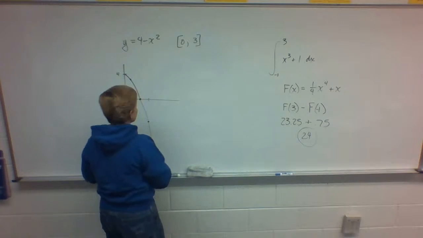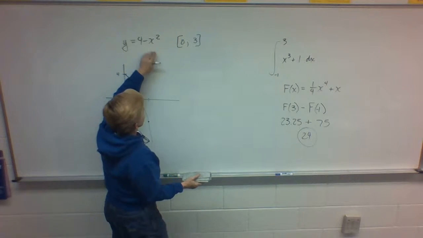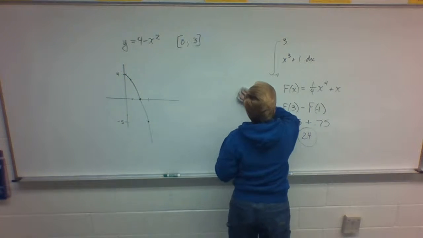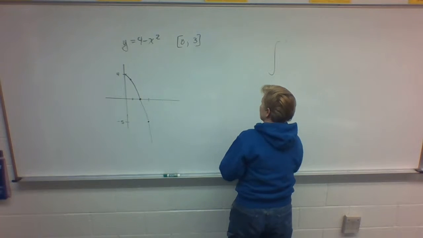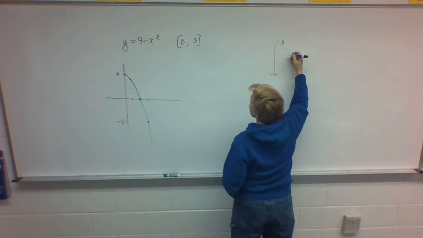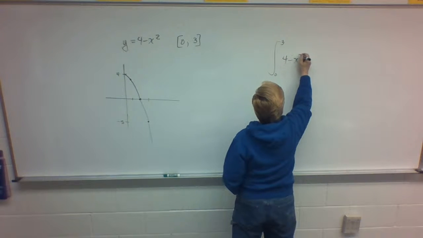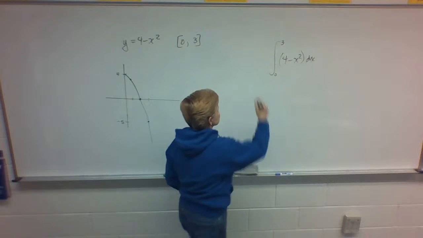When it says to find the integral or the area under the curve from 0 to 3, it means the integral from 0 to 3 of 4 minus x squared dx. That would be the integral.